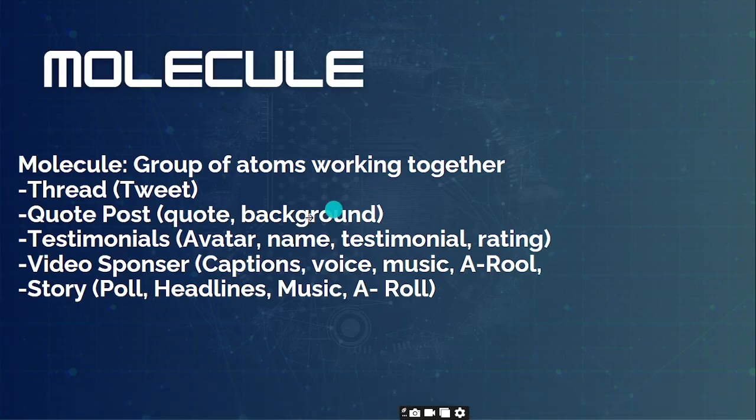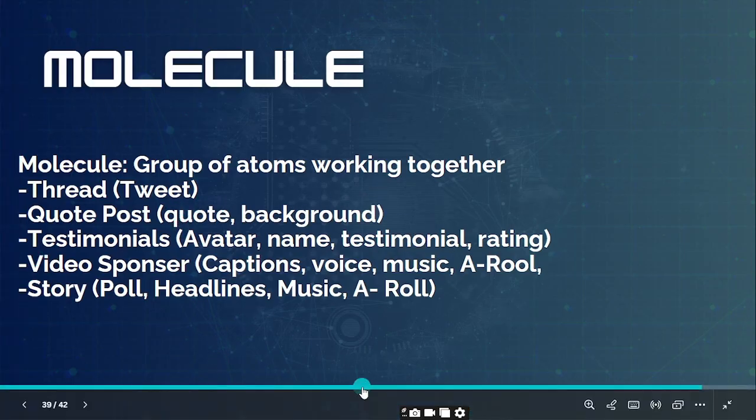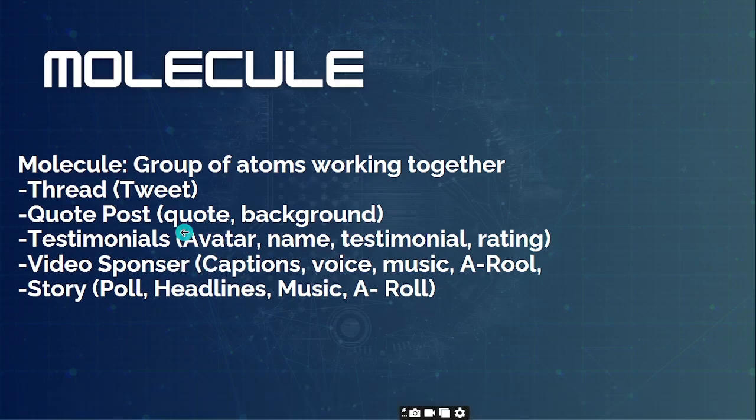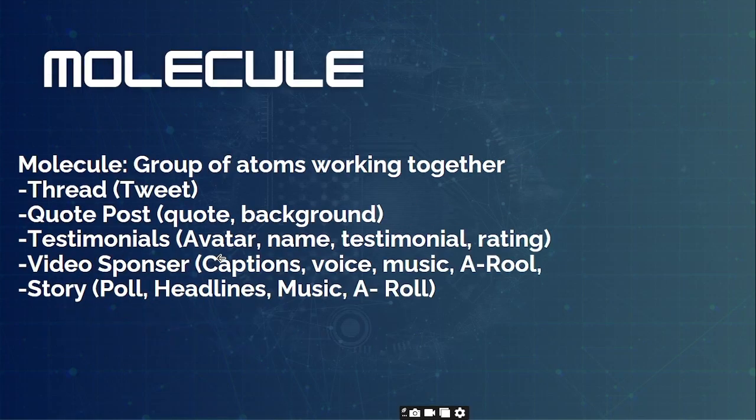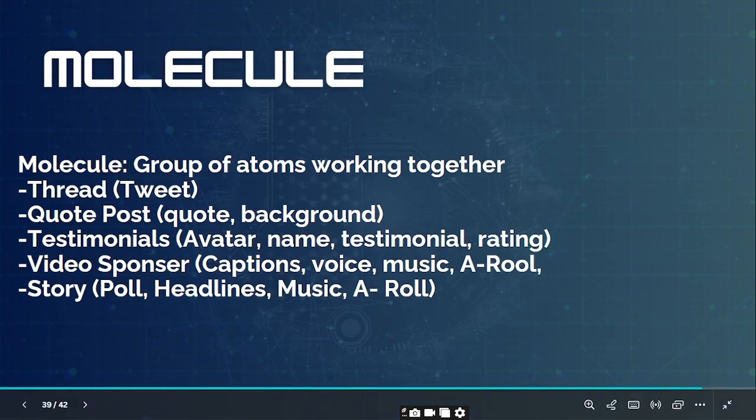It could be a tweet, a video, a carousel post, a simple tweet, a testimonial, or a landing page. It could be anything. That is the second step, the molecule, where you combine all of the atoms and end up with a form of content piece.